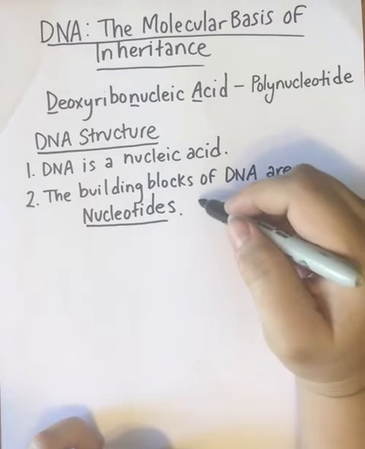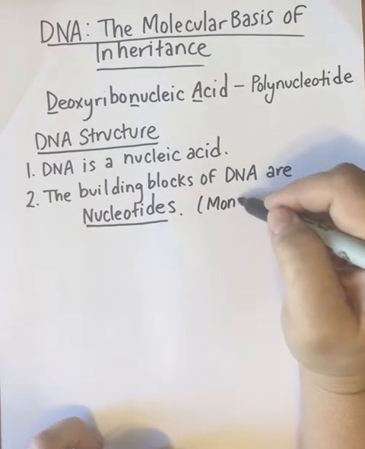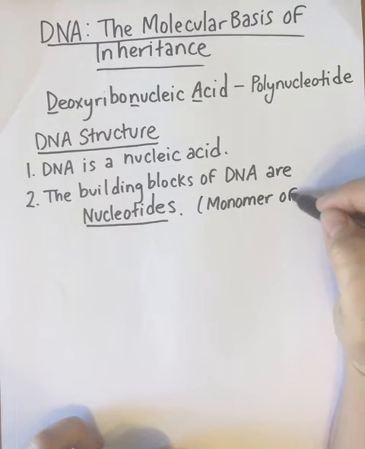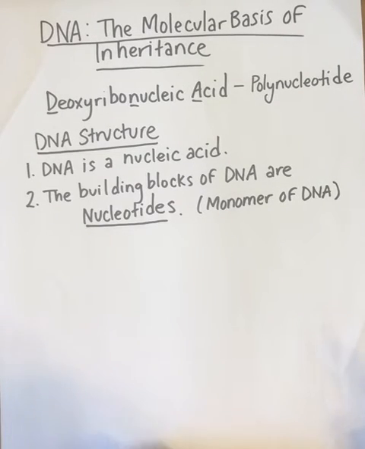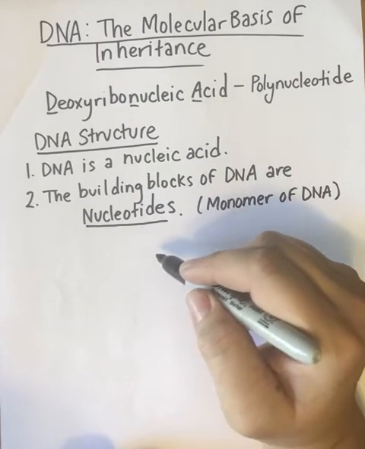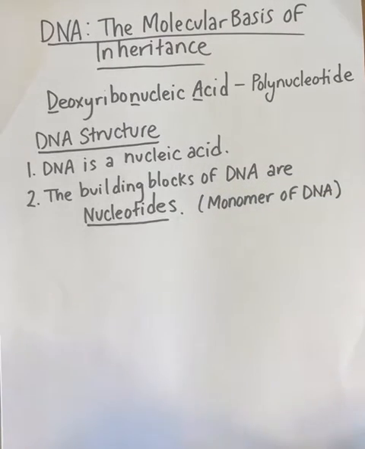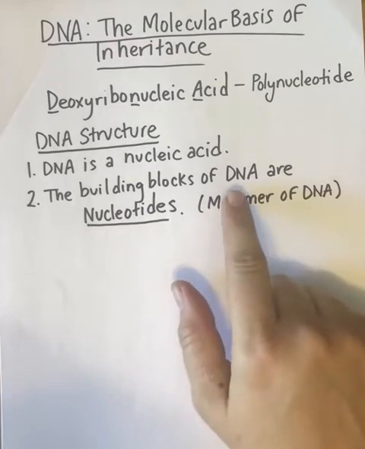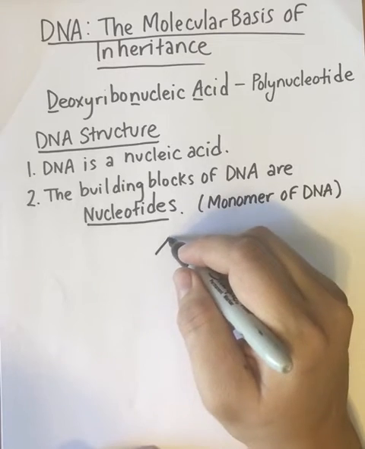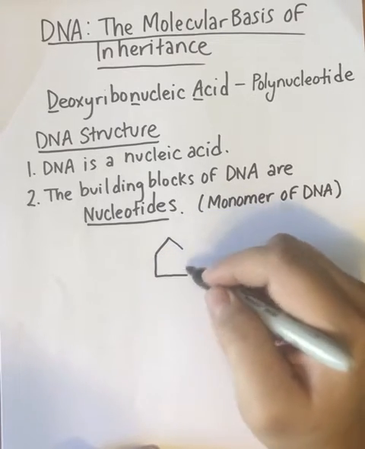So a nucleotide is literally a monomer. It is the monomer, which means one unit of DNA. Now, when we look at the nucleotide structure, it is composed of three things. The first thing that you always talk about with nucleotides is it's got a 5-carbon sugar. So this is what a nucleotide looks like.